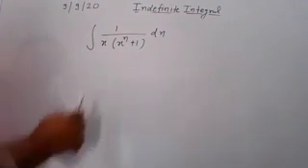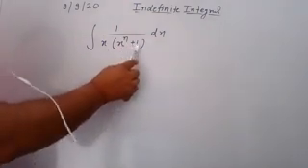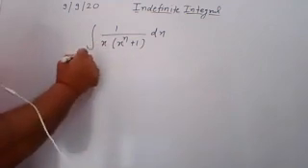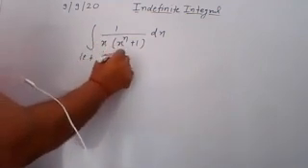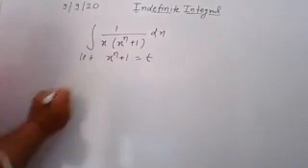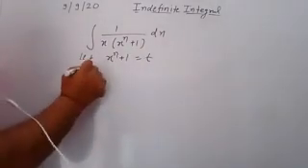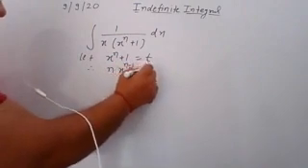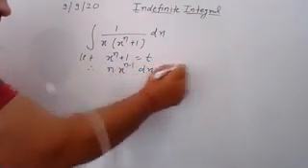Here you assume the complete x to the power n plus 1 is equal to t. Now differentiate it. So you have n x to the power n minus 1 dx is equal to dt.